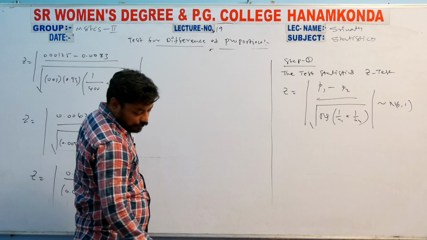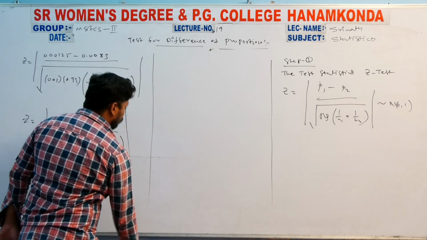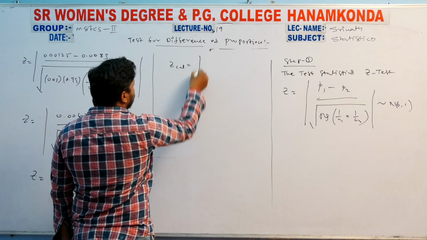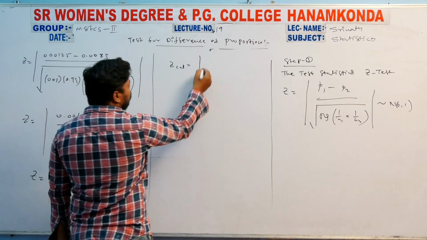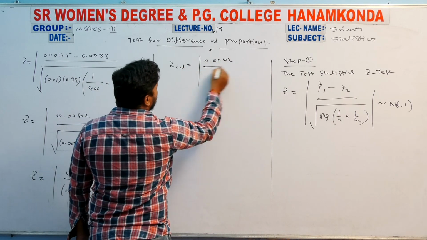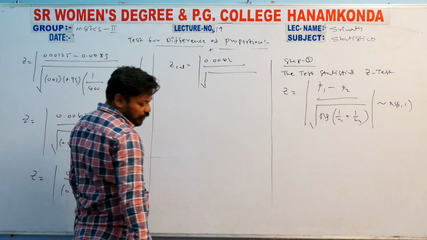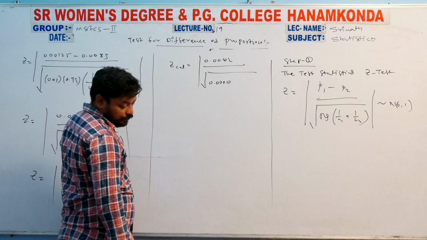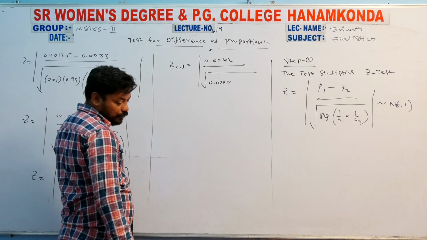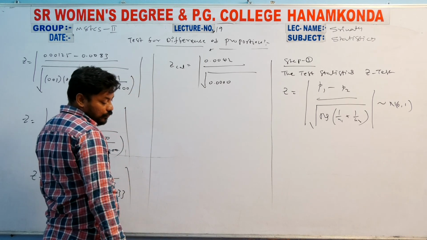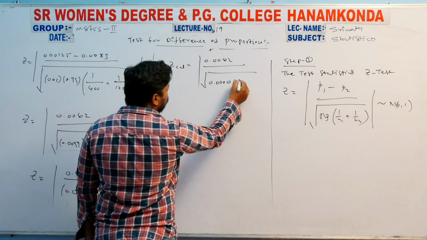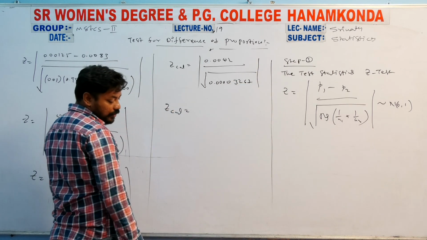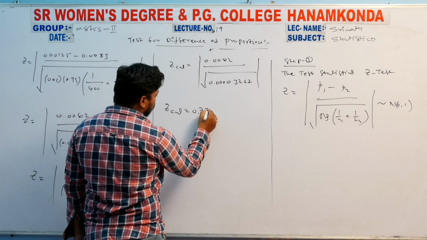The Z calculated value is mod of 0.0042 by under root of 0.00003267. The calculated value is 0.731.